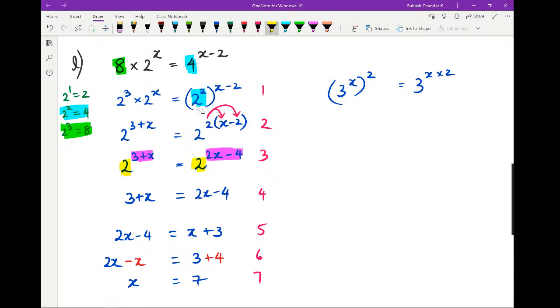All I've done is take the power in this box, which is going to get multiplied with the power in the green box, and that's literally what's happened in line 2. So I've gone 2 times x minus 2. When I do 2 times x minus 2, I get 2x minus 4, from line 2 to line 3.